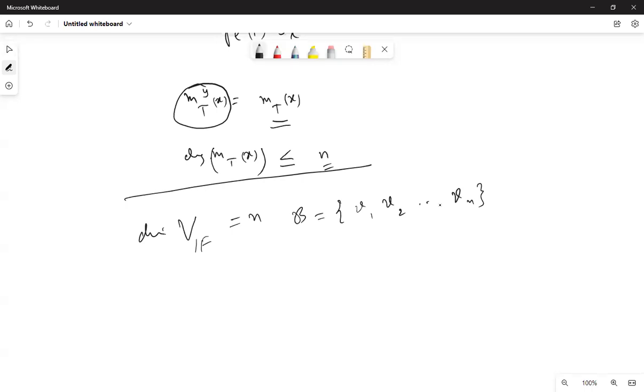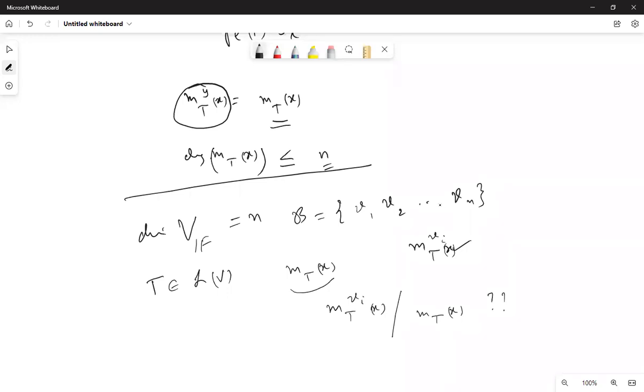We know that if T belongs to L(V), then MTX is the minimal polynomial of T, and we also get the annihilators of these VIs. The annihilators of these VIs would be dividing MTX. This I have told you.